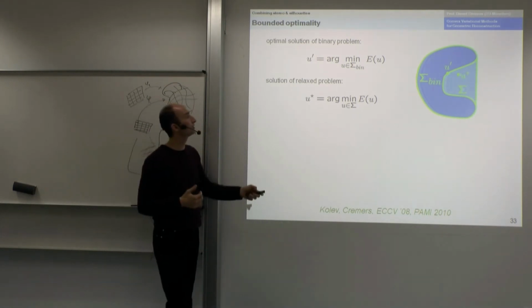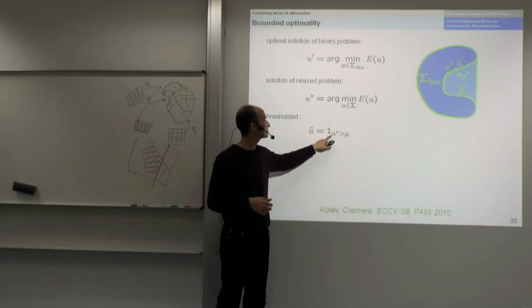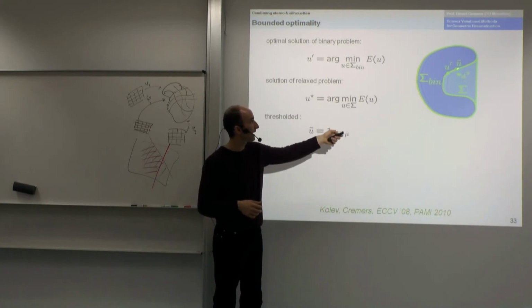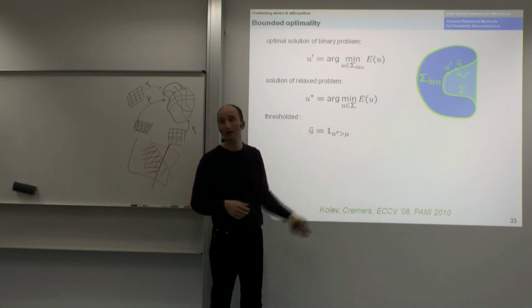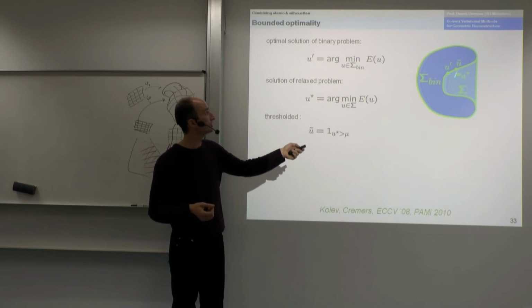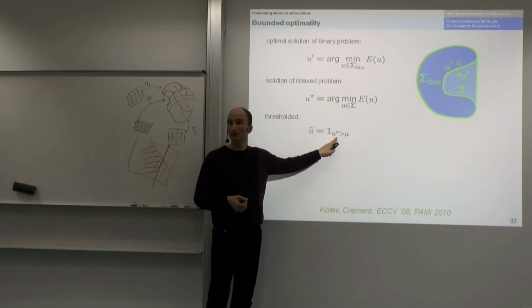So this domain is larger than sigma binary, and it contains sigma binary. And then we threshold that solution, and thresholding essentially means we find a function, U tilde let's call it, that is then our solution to the problem, which is binary but close to U star. So we find some function that is close to U star but still binary. This is what we do by thresholding.